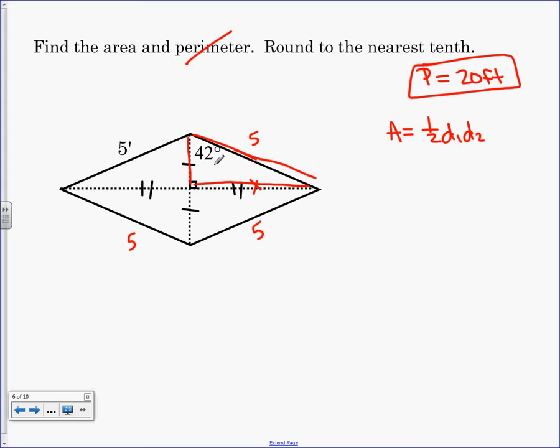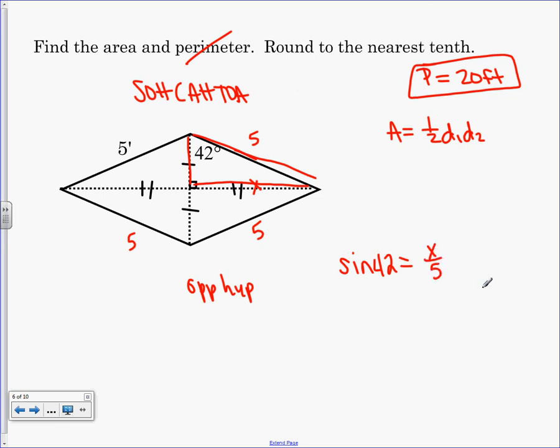SOHCAHTOA, right? So from 42, what would you call X? Opposite. And what would the 5 be? Hypotenuse. Do you guys get that? So is that sine, cosine, or tangent? Sine. So I need the sine of 42 equals the opposite over the hypotenuse.